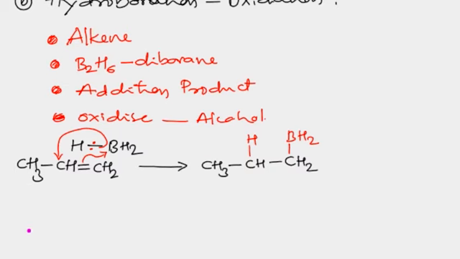Therefore I need one more alkene here, that is CH3, single bond, CH, double bond, CH2. I'm going to write the same molecule here, that is hydrogen, boron, and still there is one hydrogen, because out of two hydrogens, one hydrogen is here, the other hydrogen is here.